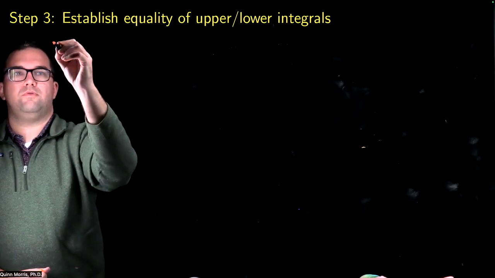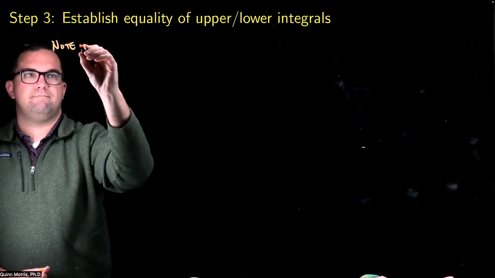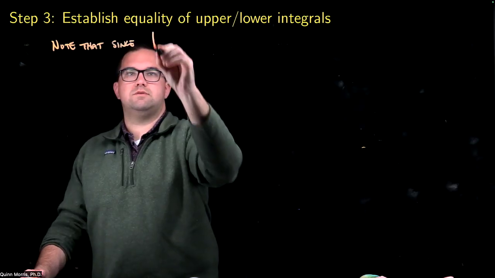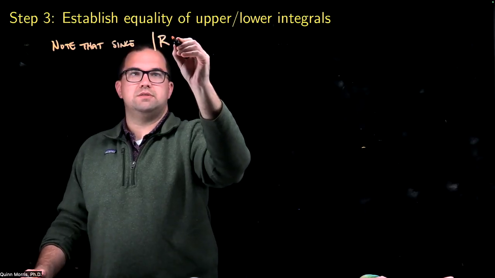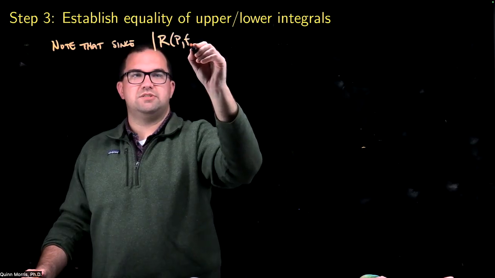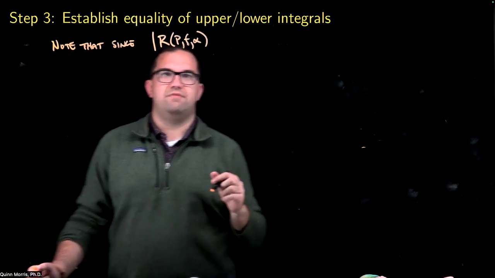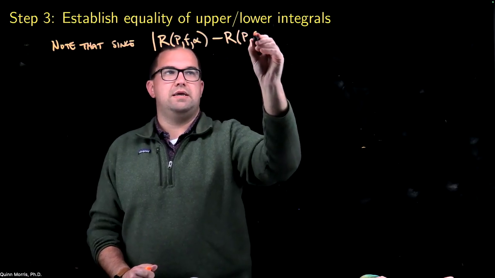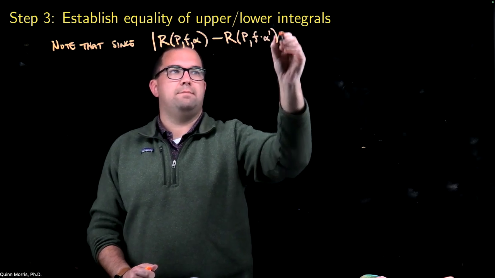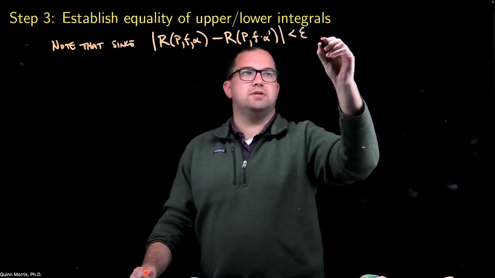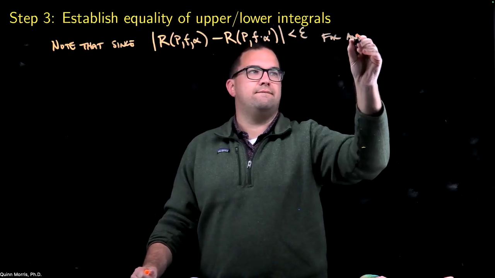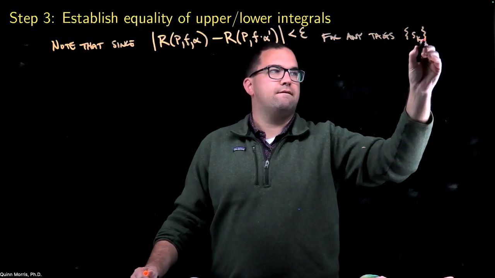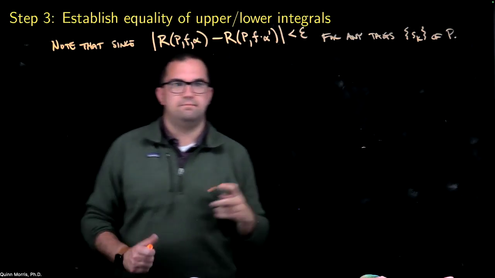All right. So now note that what we had there was the Riemann-Stieltjes sum over the partition P of F with respect to alpha minus the Riemann sum over the partition P of F times alpha prime can be made less than epsilon for any tags SK of the partition P, right?